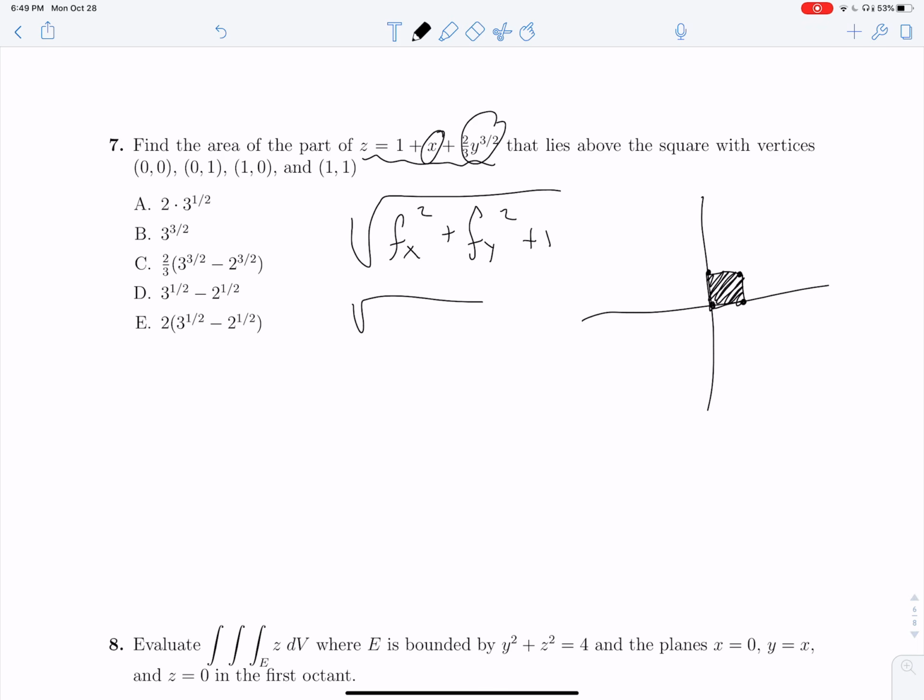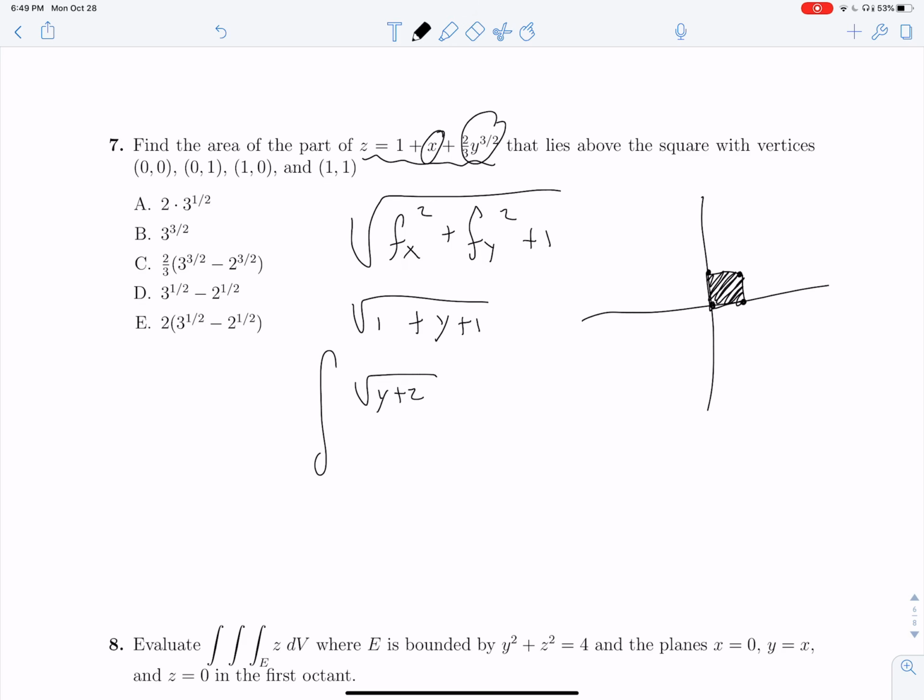There's always that little plus 1 on there. So computing, fx is going to be 1, so we get 1 squared, plus fy is going to be root y, so that becomes y. And then we add 1. So root y plus 2.